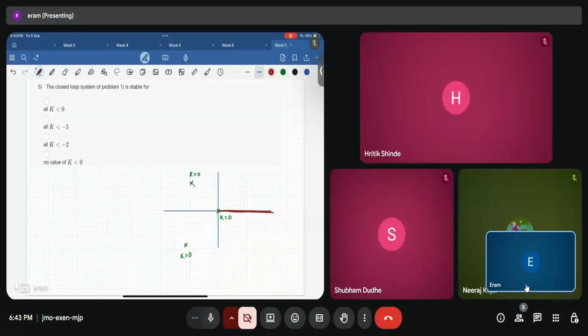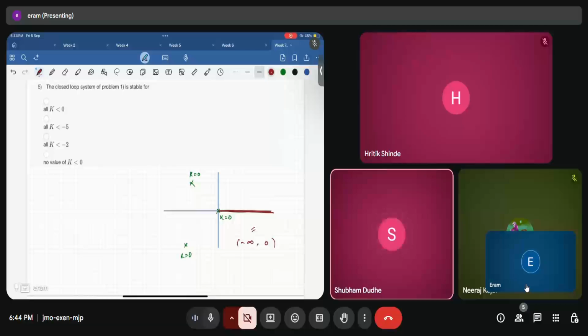We are varying K, and the root locus will be lying on the right half plane, as K is varying on the negative side, meaning minus infinity to 0. And we are encountering closed loop poles on the RHS. So what do you think? Will there be any point on the root locus that will give us stable closed loop poles?